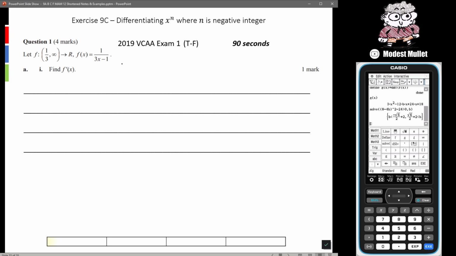Rightio. I made a mistake with this one. This one you can't do yet because we haven't done the chain rule. Technically this is a chain rule because we could rewrite this as f of x is equal to 3x minus 1 to the power of negative 1.